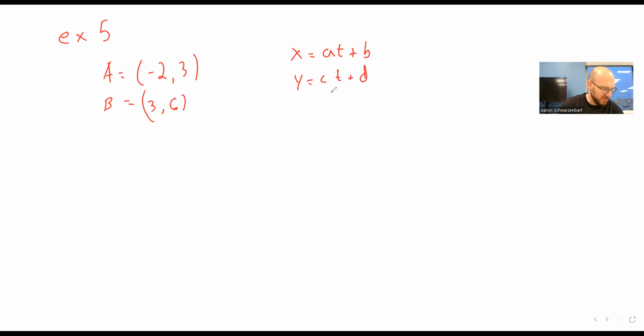The book kind of does it with vectors. I kind of often will do it like that. And the easiest two t-bounds are 0 and 1. So the first thing I'm going to do, I'll start at point A. This one says the parameterization of the line. So I'll show you a line segment and then I'll show you the line.